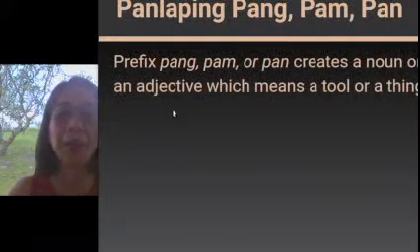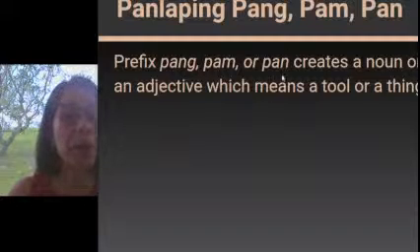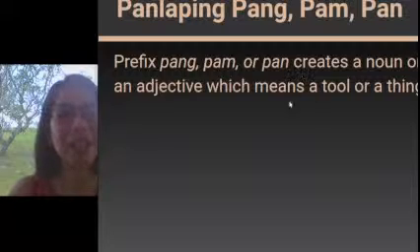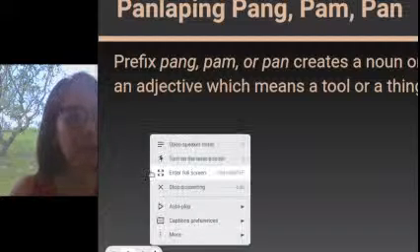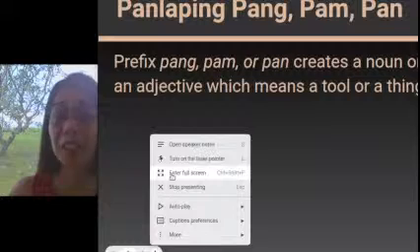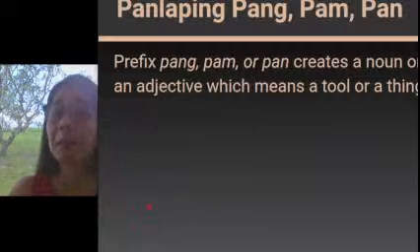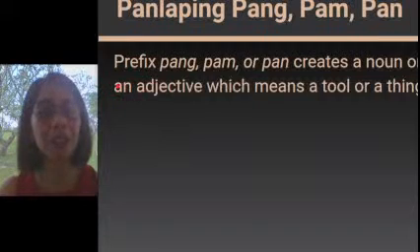And the prefix pang, pam, or pan. Listen or read with me. It creates a noun or an adjective. Yes, sometimes there is confusion: is it a noun or an adjective? But of course the answer is it depends on how you use it in a sentence.